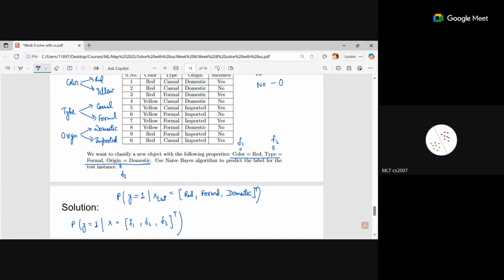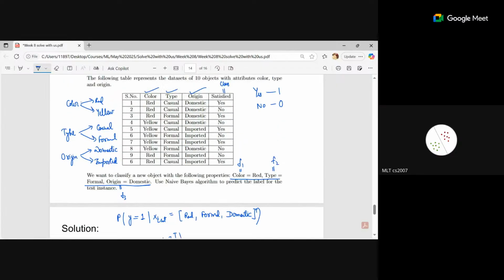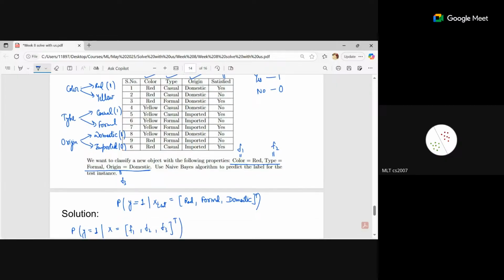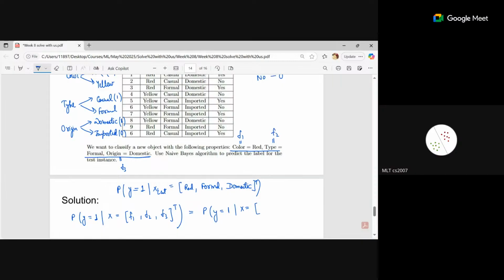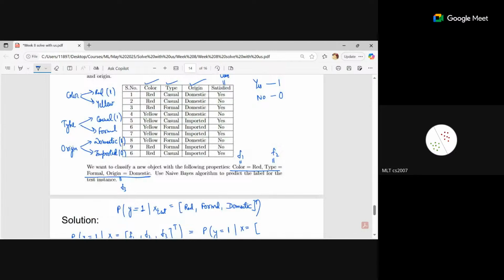Since these are all binary, I can code red as 1, yellow as 0, casual as 1, formal as 0, domestic as 1, and imported as 0, right? So F1 is for color, which we have to see as red, coded as 1.